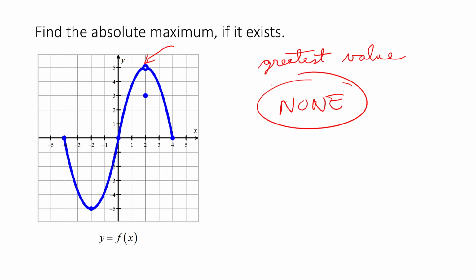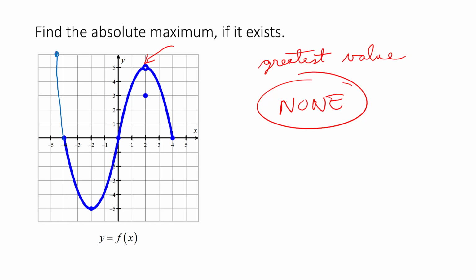Okay. Let me just point out before we go on, let's pretend like this graph extended. Let's say the graph comes up here and stops. All right. Let me go even further. We'll say the graph goes up here and stops.